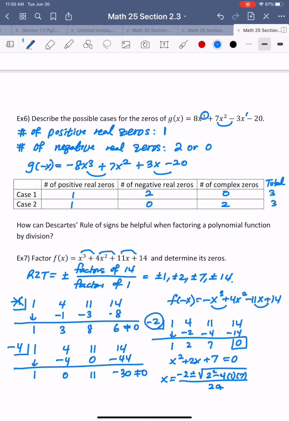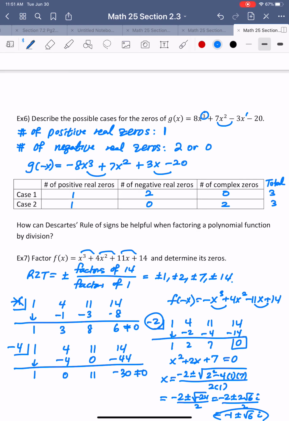And when you simplify it, I get negative 2 plus minus radical 24 over 2, which is negative 2 plus minus 2 radical 6i over 2. And then simplify as negative 1 plus minus radical 6i, okay? So you get the 2 complex zeros and 1 real zero.